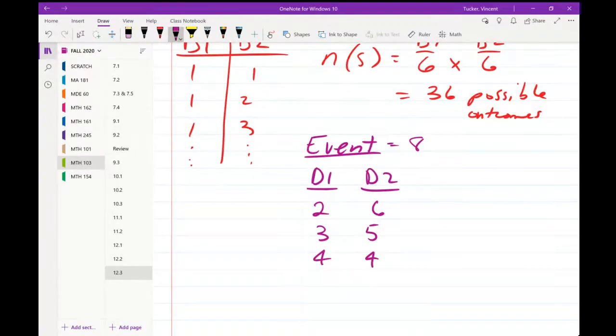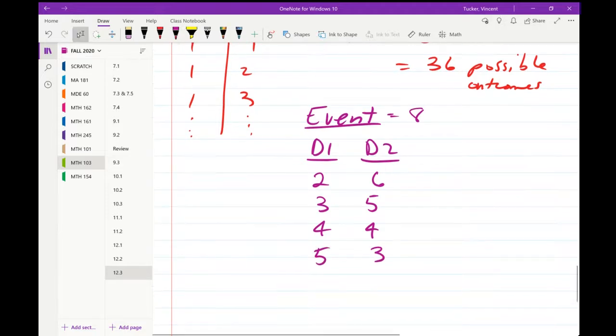Then we know 4 and 4. Now die 1 being 3 and die 2 being 5 is different from die 1 being 5 and die 2 being 3. So that's a different combination. And then 6 and 2.